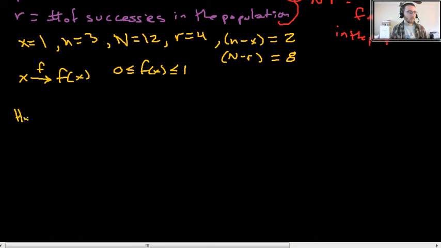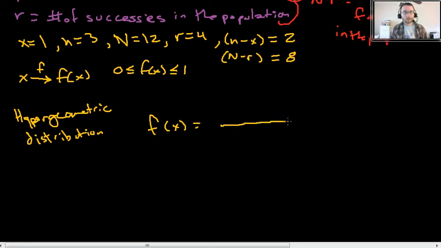We call it the hypergeometric distribution, probability mass function, whatever you want to call it. f of x equals, okay, the denominator is the number of different ways that we can select combinations of n different elements from a population of big N. So these are the number of different paths in a tree.